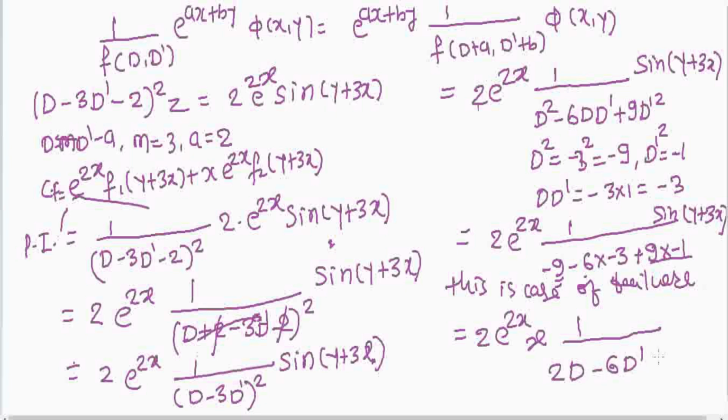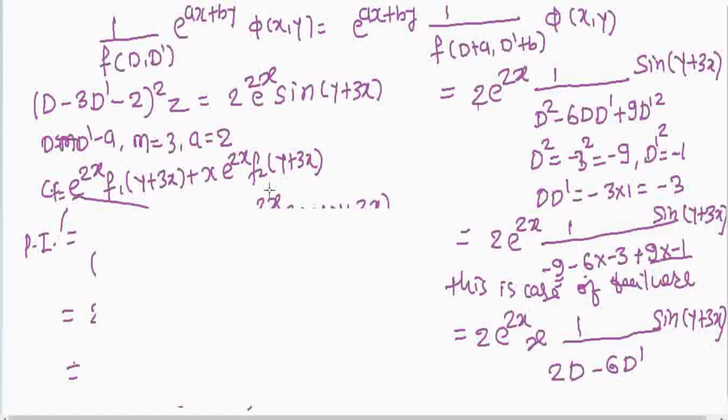Let us take 2 common and cancel. You can see that we have 0 in the denominator, so we have taken a derivative and then multiplied by x.